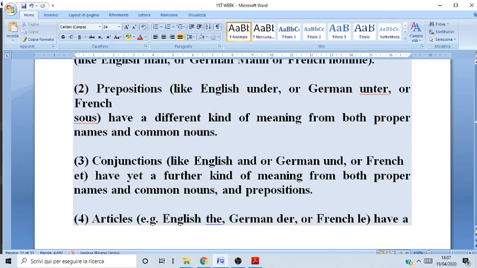Prepositions, like the English under, the German unter, or the French sous, have a different kind of meaning from both proper names and common nouns.